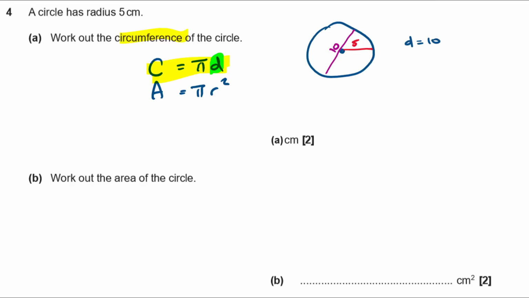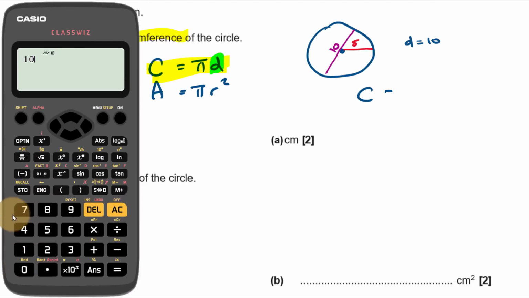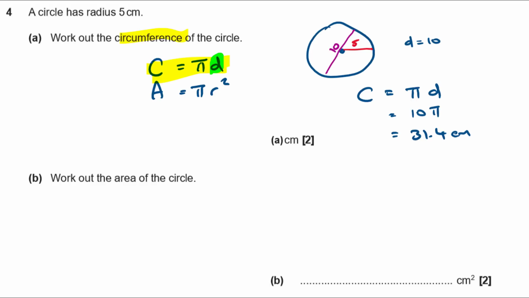D is 10, diameter that is, and then sub it into my formula. So c equals pi d equals 10 lots of pi then, isn't it? So pi is 3.14, so that's just going to be 31.4 what? 31.4 centimeters. It's just in flat units, isn't it? So 31.4 centimeters, you could do that on your calculator. I just happen to know that pi was 3.14, so it saved me typing it in.